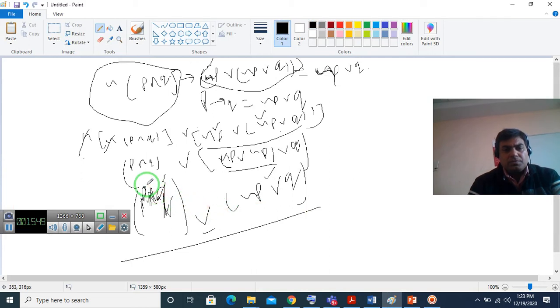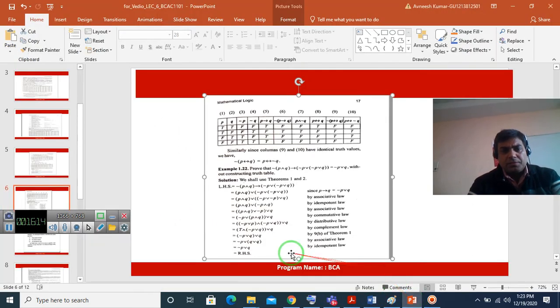Okay, so just use here p, or because this is a disjunction, so p conjunction negation of p, and we can solve like this: p conjunction or q and the disjunction.